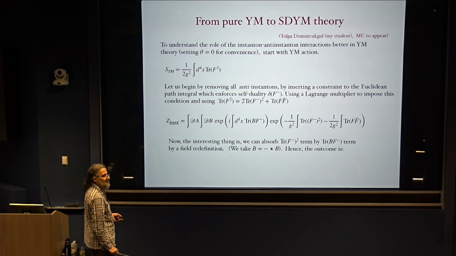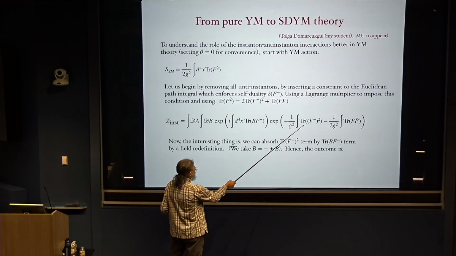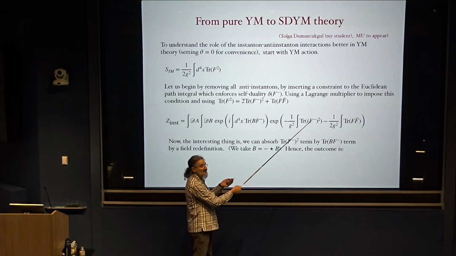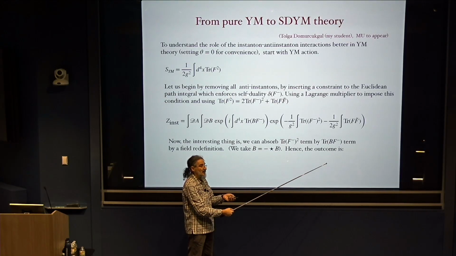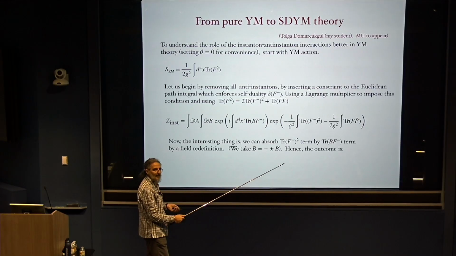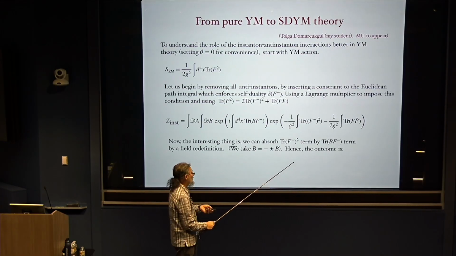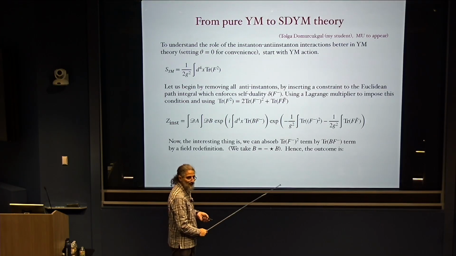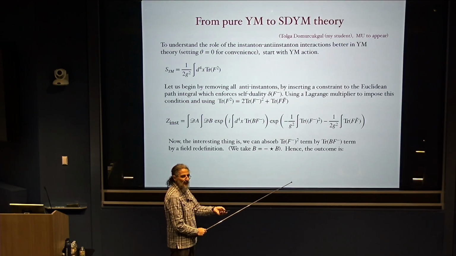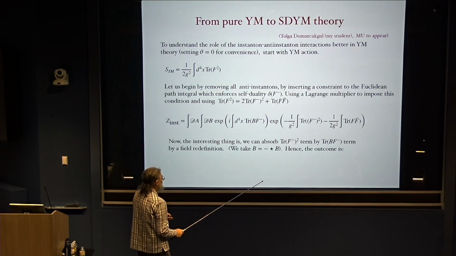The very interesting thing is that you can do a field redefinition and absorb these parts, which include the kinetic term of the gauge fields, into the BF term. And I will take B to be anti-self-dual, so it will impose that the anti-self-dual part of the field strength must be 0, hence I must integrate over self-dual parts. The outcome is this.